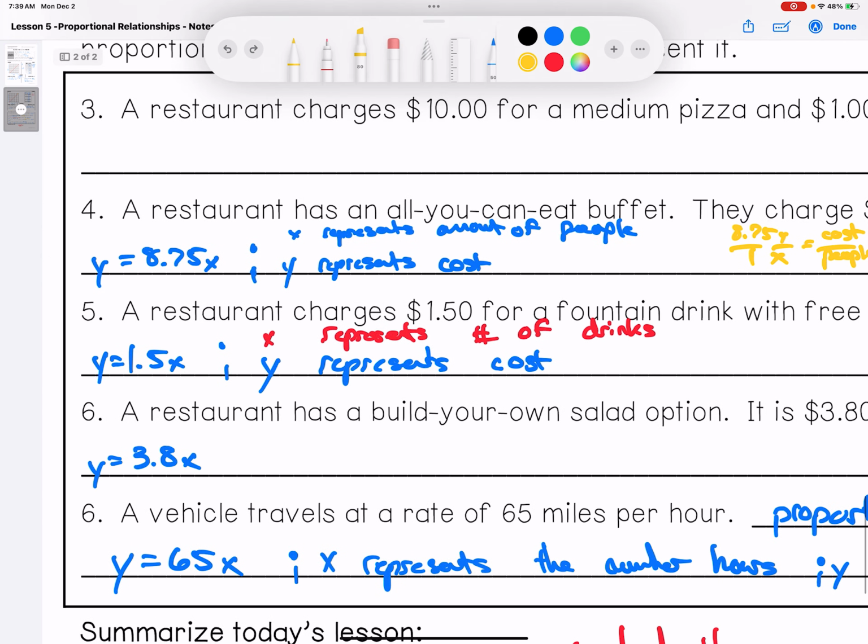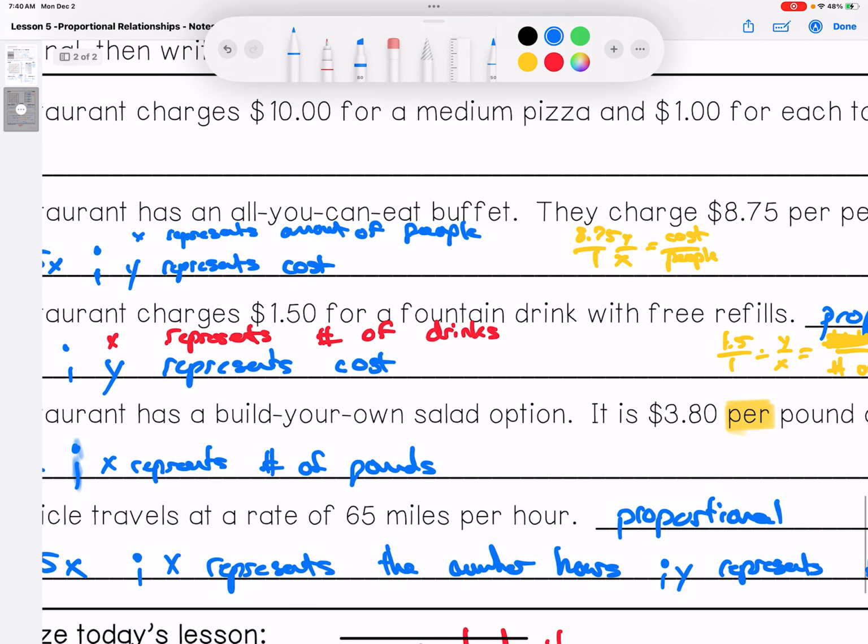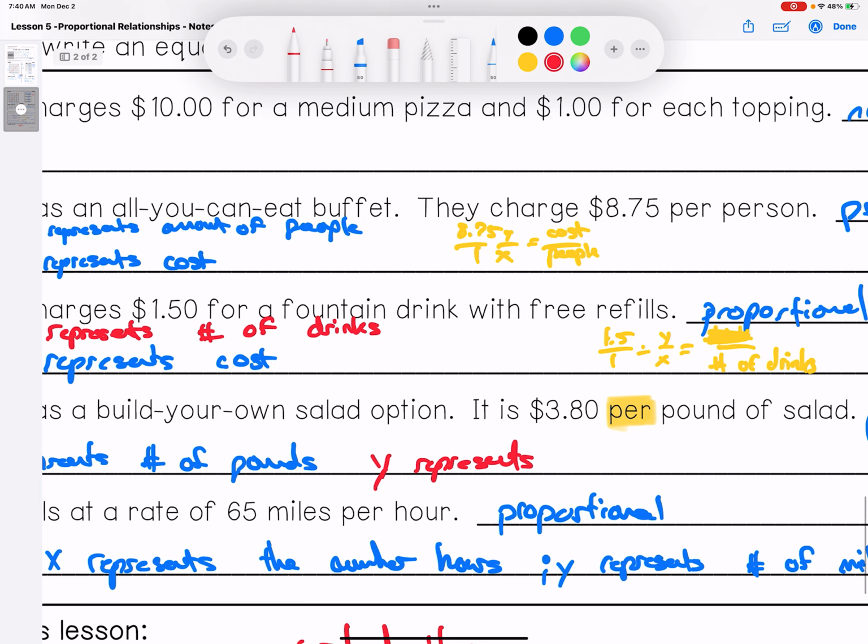So what does x represent? X represents the number of pounds of salad, but you can just put number of pounds, and y represents the total cost.